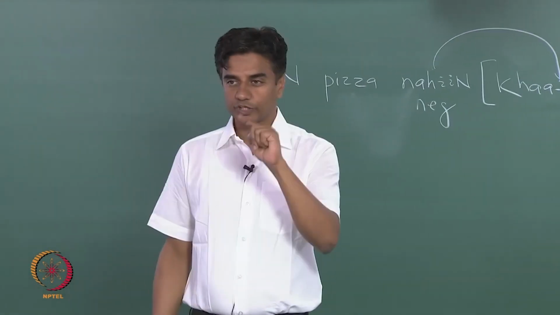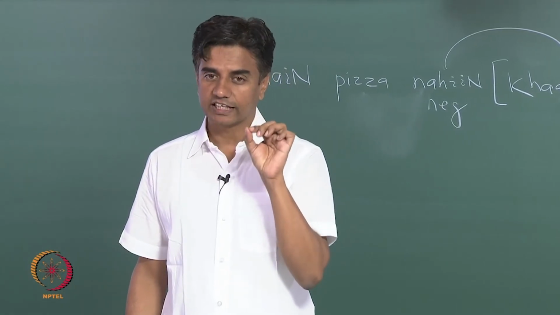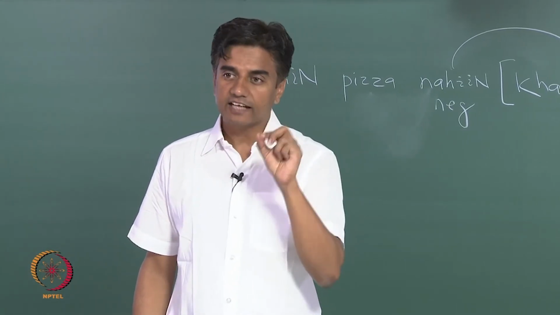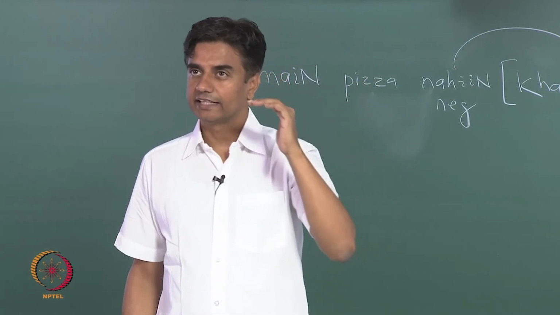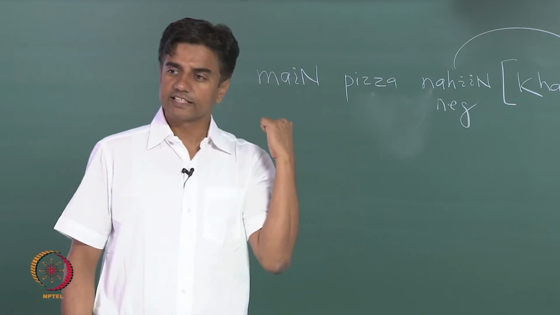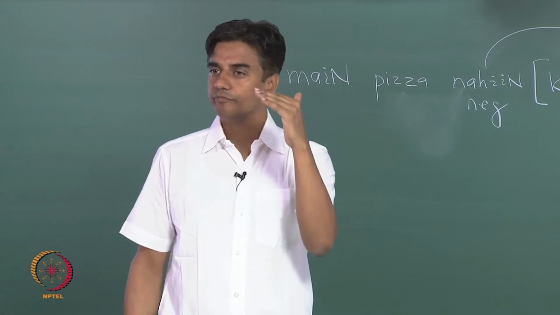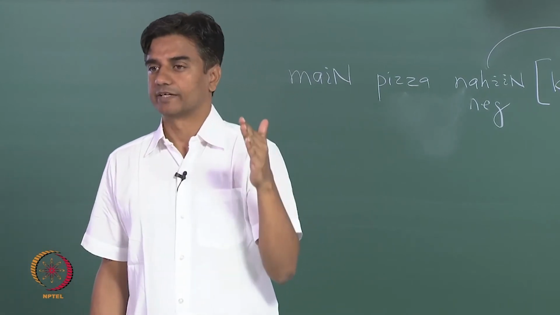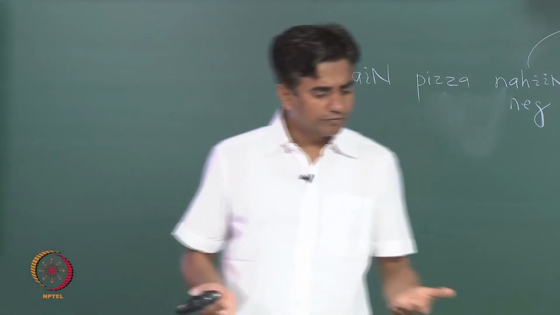If we try to put our finger on the fishy nature of a functional category for its exact location in the functional layer, it appears from such an example coming from Hindi that it's located below TP and above aspect phrase. Some people can claim, what difference does it make?